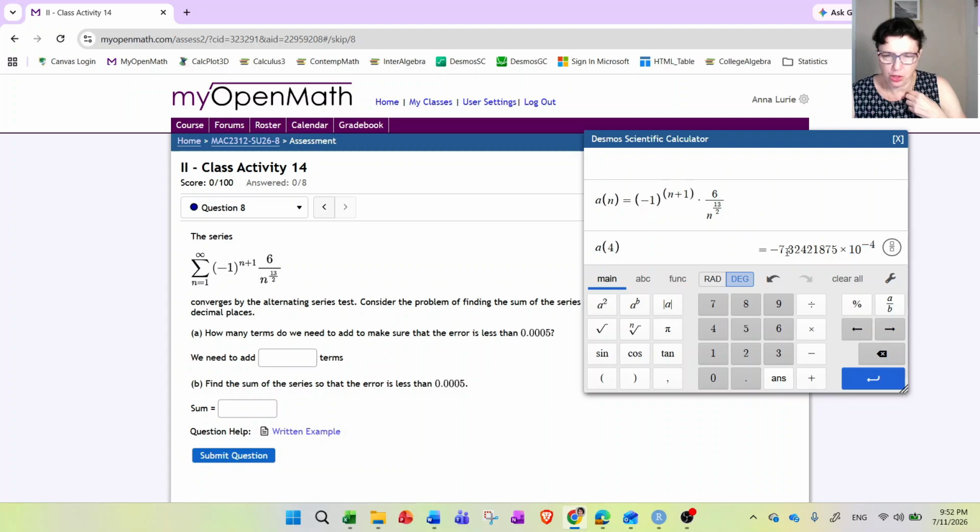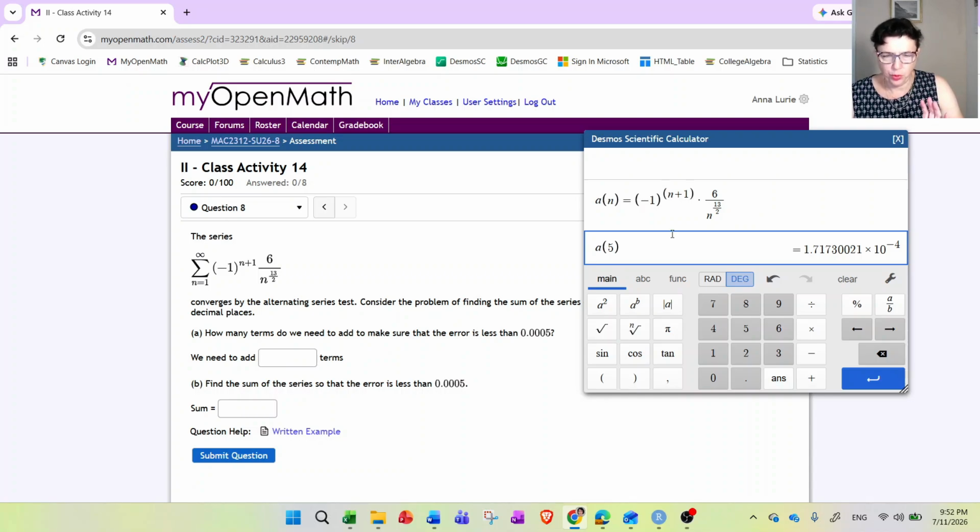Basically, what that means is that you're taking that dot and moving it 4 to the left. So it looks to me like if I take the absolute value, this is going to be 0.30, right? And then a 7. But that's actually not yet less than 0.0005. So I think I need probably one more.